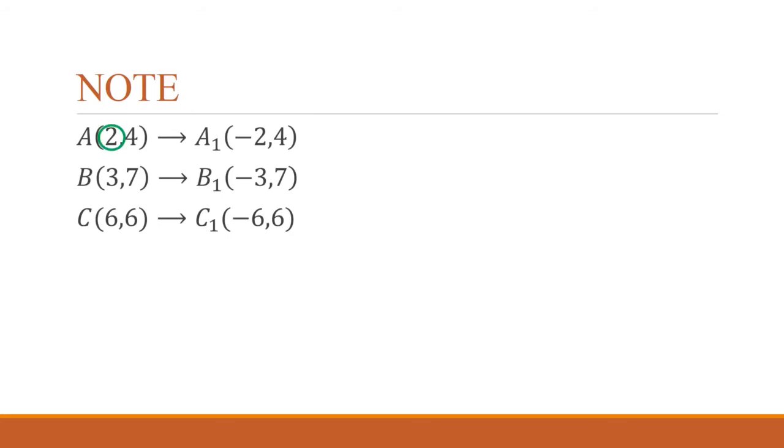It will be observed that the x-coordinate of point A was a positive value, and after reflecting on the y-axis, it became a negative value. The x-coordinate of B was also positive, and after reflecting on the y-axis, it became negative. The x-coordinate of point C was also positive, and after reflection in the y-axis, its value became negative.